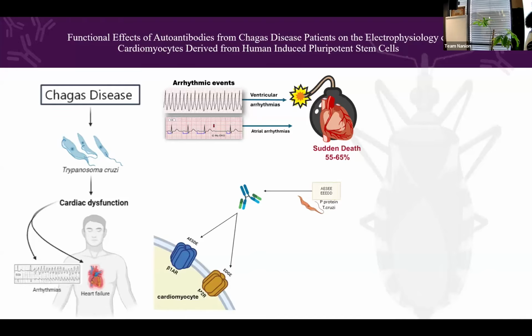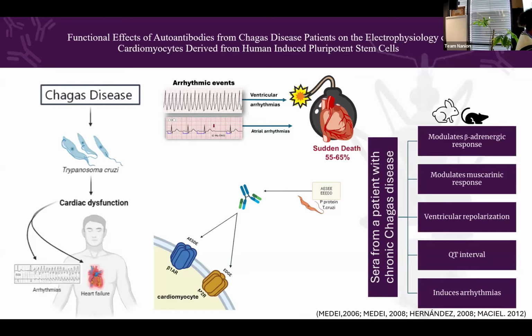The reason they have so many arrhythmias is unknown. One hypothesis is that there is a molecular mimicry between proteins of Trypanosoma cruzi that can also react against functional epitopes of receptors such as beta 1 and muscarinic receptors in cardiomyocytes.